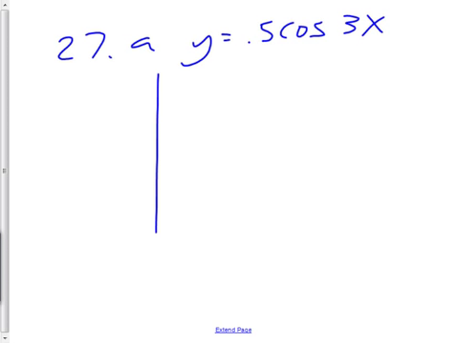Let's do, again, the first one there, 27a. All right, it wants me to do y equals 0.5 cosine of 3x. All right, so cosine. Do you know what the parent looks like? It's really, really key. If you've kind of forgotten these graphs, you've got to write down all the parents.